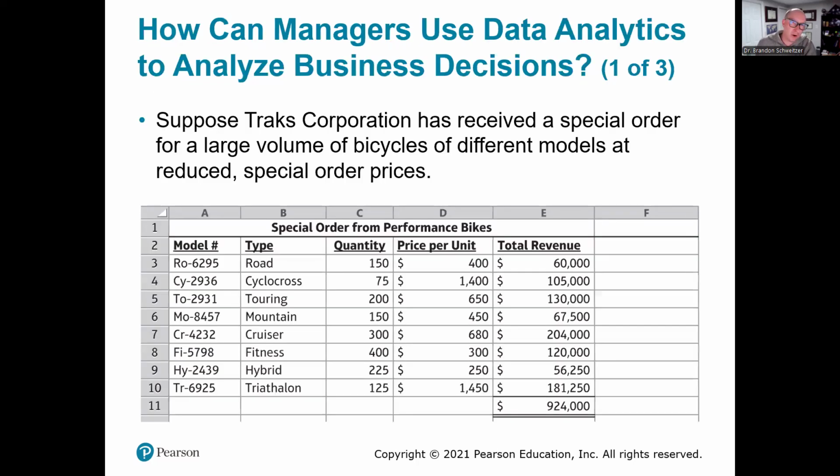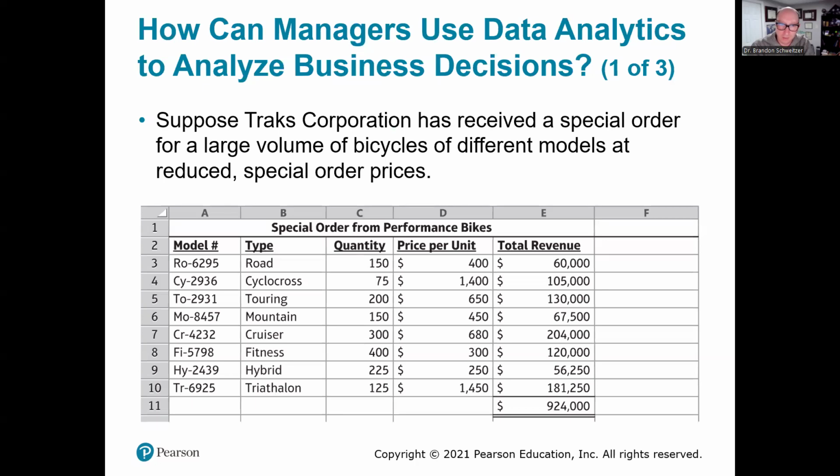As you are already familiar with Excel, we can use Excel when it comes to special order requests, and we can figure out if a special order request is worth it or not. The way we can do this is by matching our models to our costs. Here we have the different types of products.